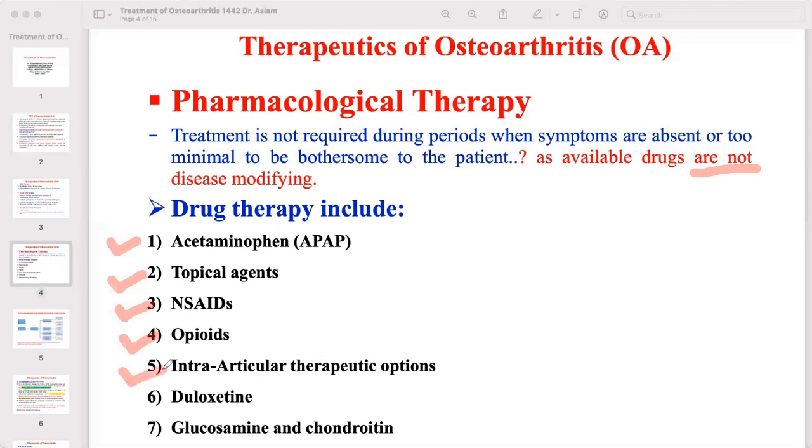Intra-articular therapeutic options, duloxetine, which is an antidepressant drug, and glucosamine and chondroitin. These are the available pharmacological therapies for the treatment of osteoarthritis.